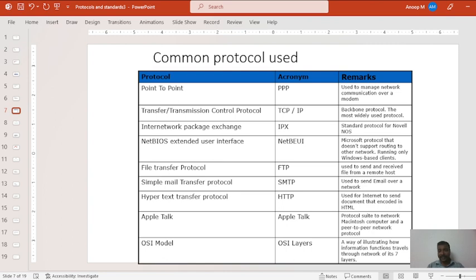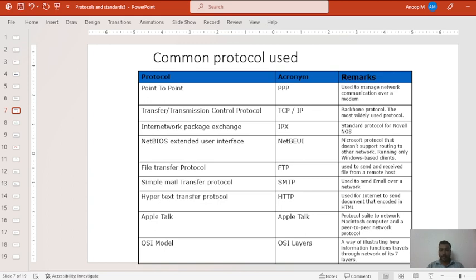While surfing the internet, we are using the protocol called HTTP. If you want to get the data in a secured manner, automatically the link in the address bar will show HTTPS, hypertext transfer protocol secure. By means of this, we are going to browse the data securely with the help of the internet.